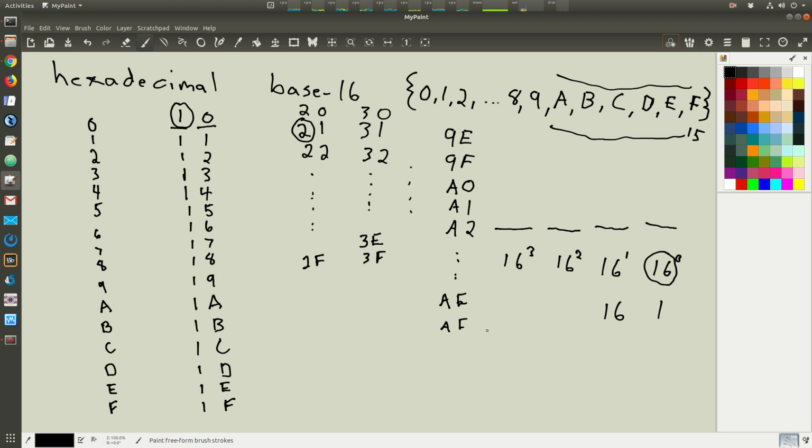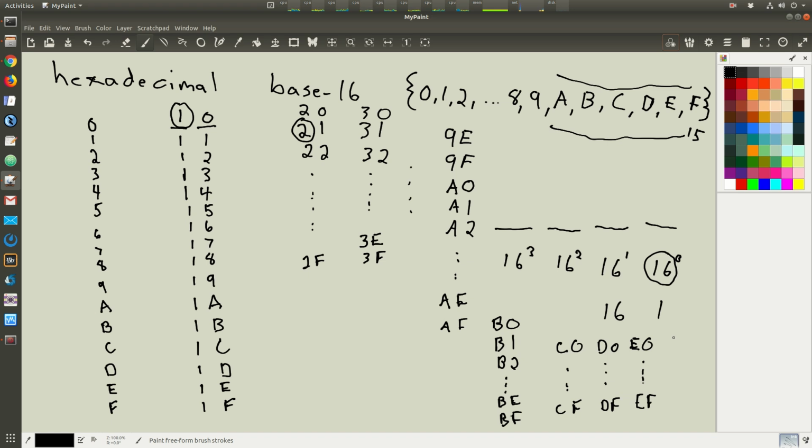Then it rolls over to B0, B1, B2, all the way down to BE and BF. This keeps going until you get to C0, down to CF, D0, DF, E0 to EF.